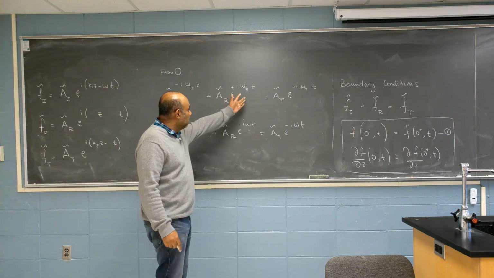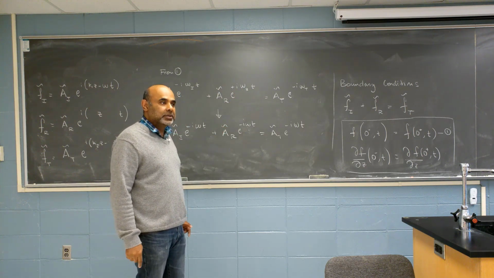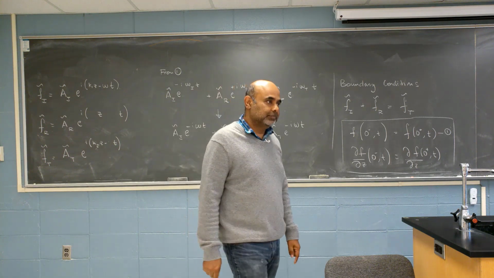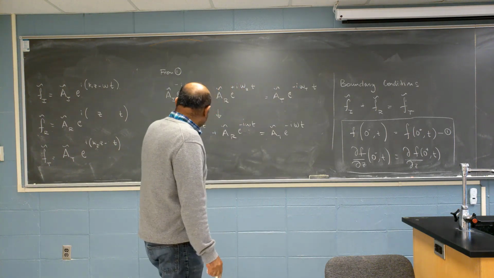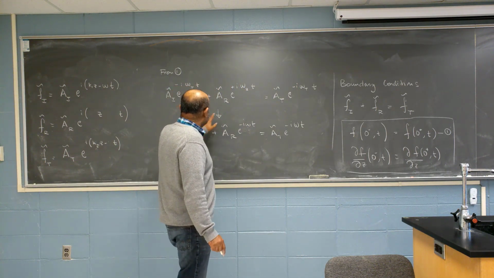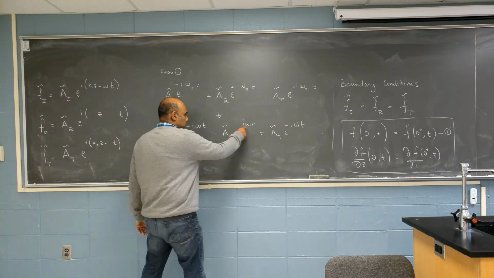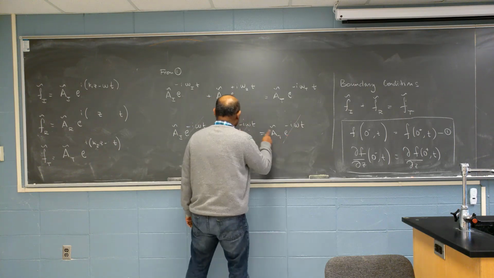Because this has to happen at all times. These are only 6 complex numbers. There are infinite values of time. So the only way this can happen is if all the omegas look like this, so that you can simply cancel.